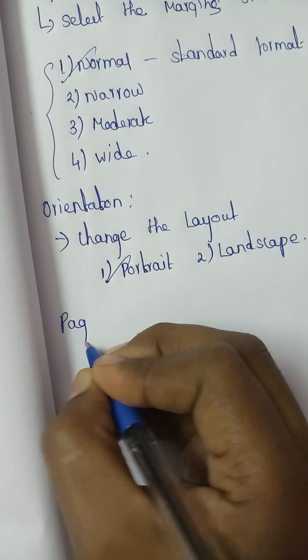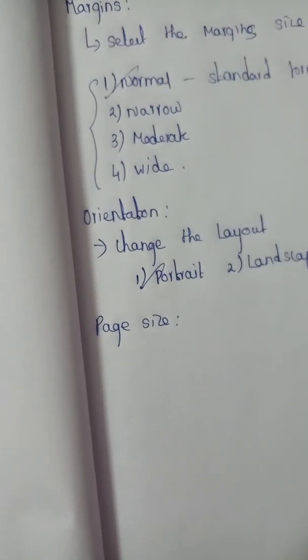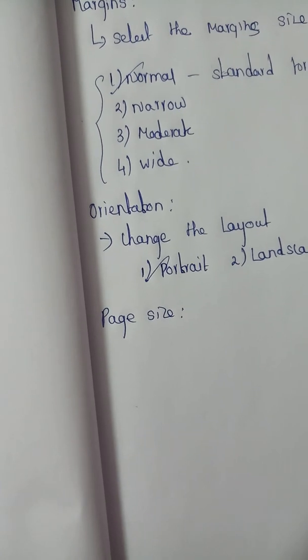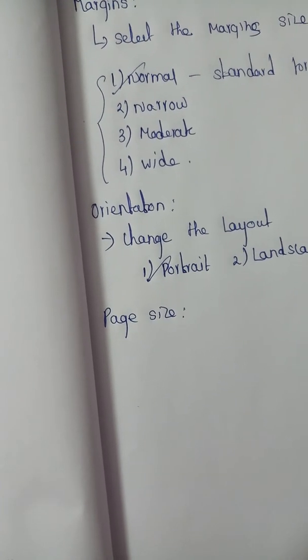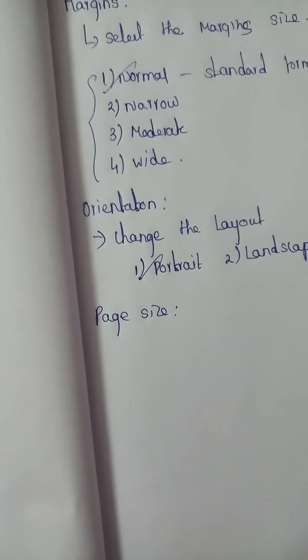And then the next one is page size. Here you can choose the paper size for the current section or for the whole document. There are different types.